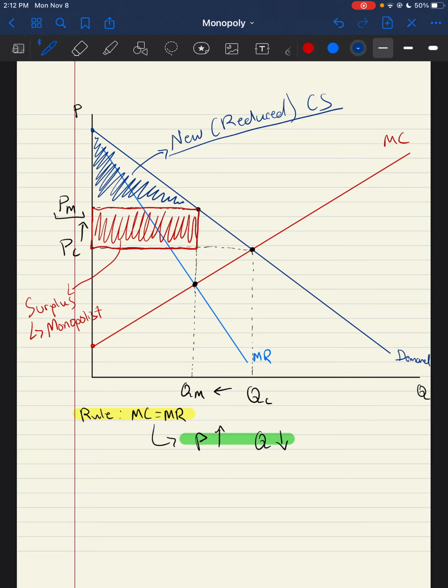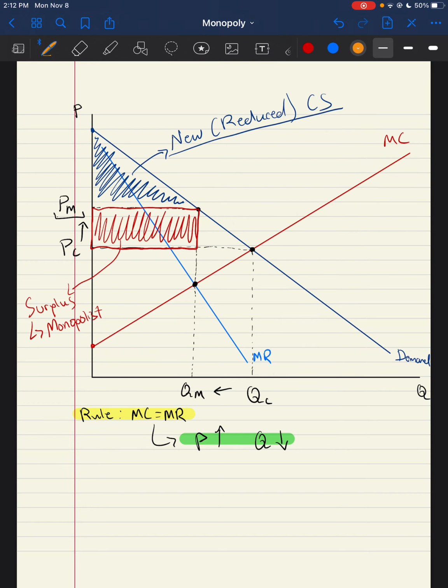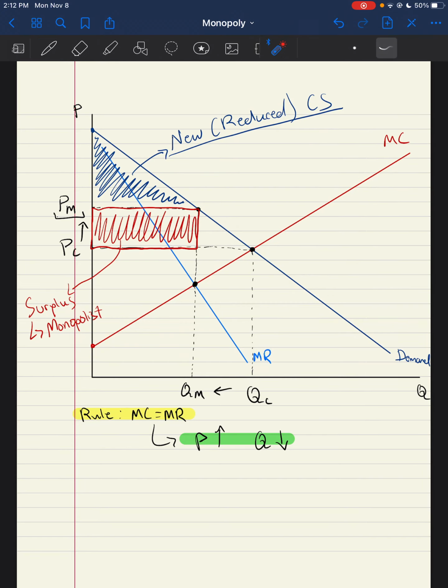And now finally we're going to have our deadweight loss. Notice what happens: these consumers are no longer purchasing this product. We don't really care too much about the consumers that were down here, as sad as that sounds, because they were not in the market to begin with.